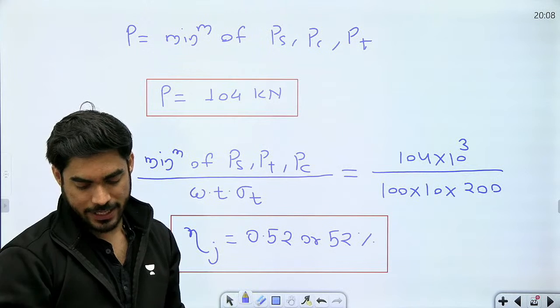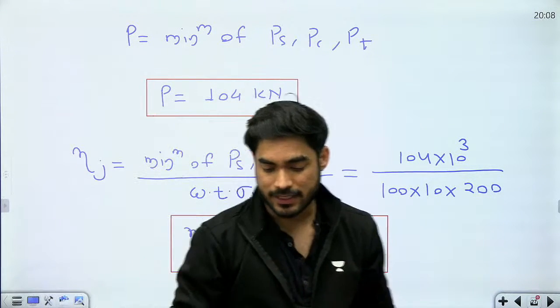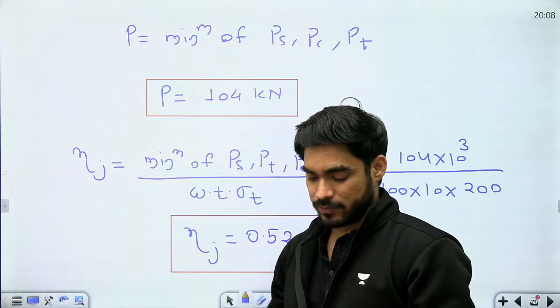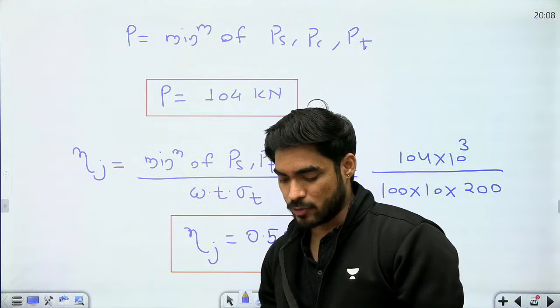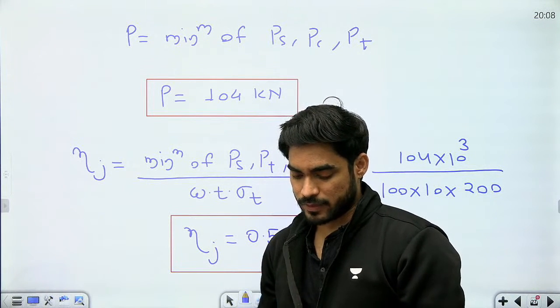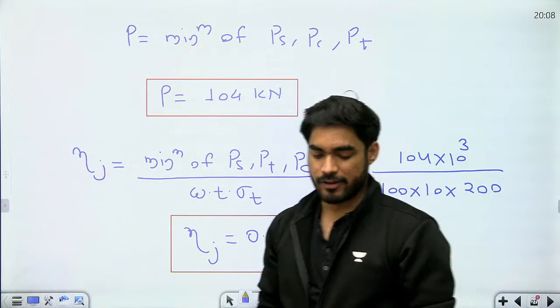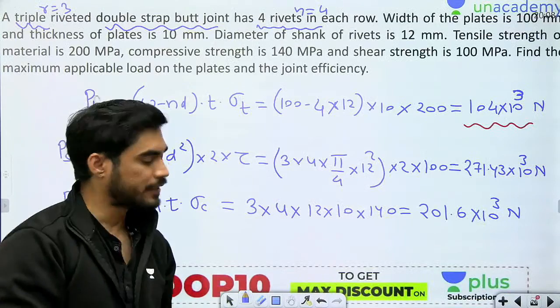Very good guys. 52% means 48% reduction in load carrying capacity. Very good Ankita, Zubair, Jitendra, Divyanshu. 52% is the joint efficiency.